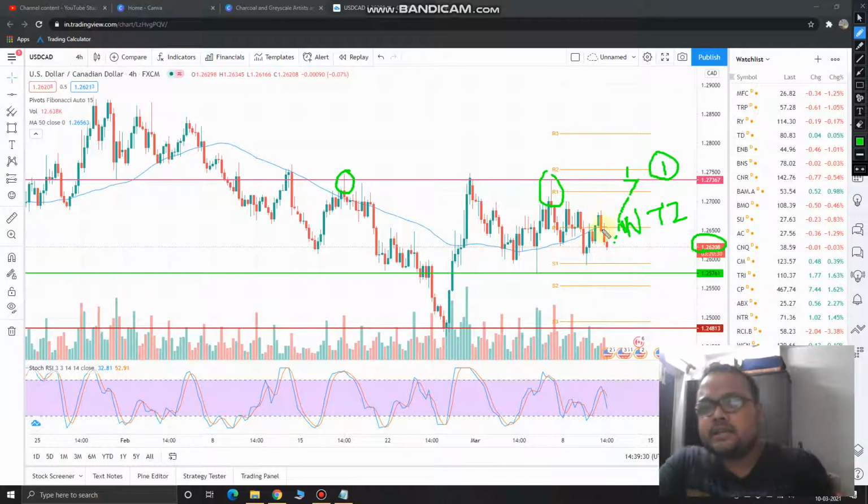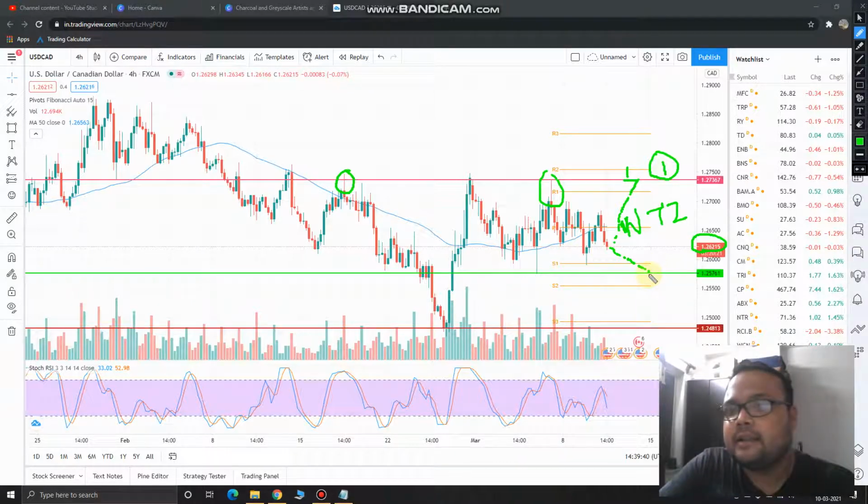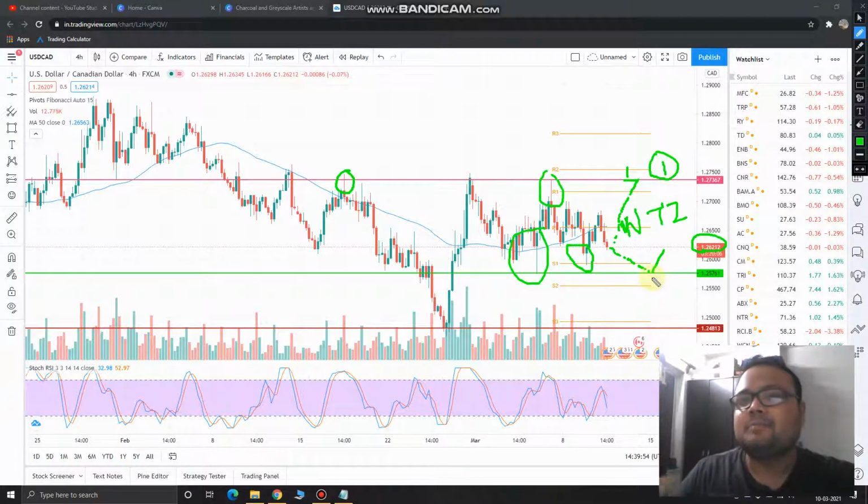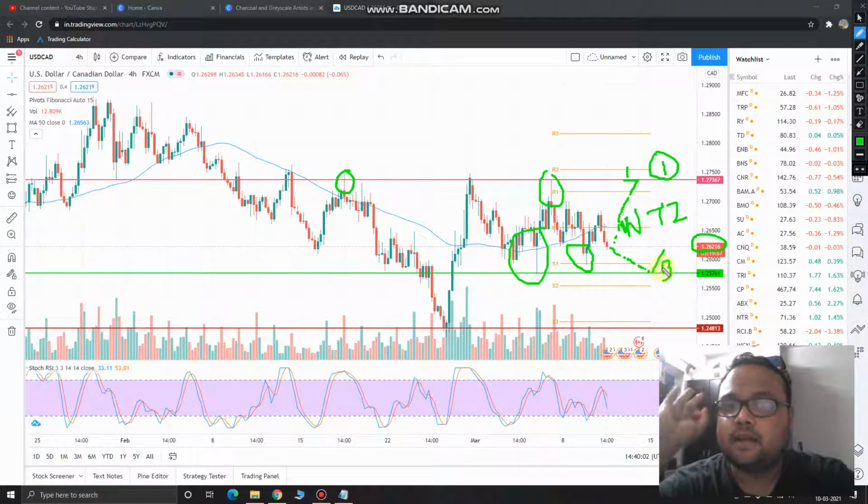So the second strategy is, if you see that market reaches this level and reverses from here, like this or like this hammer kind of pattern, if you see that there is some good price rejection, buyers are not allowing the market to go down, in that case you can also buy here, but do not forget to get the confirmation.